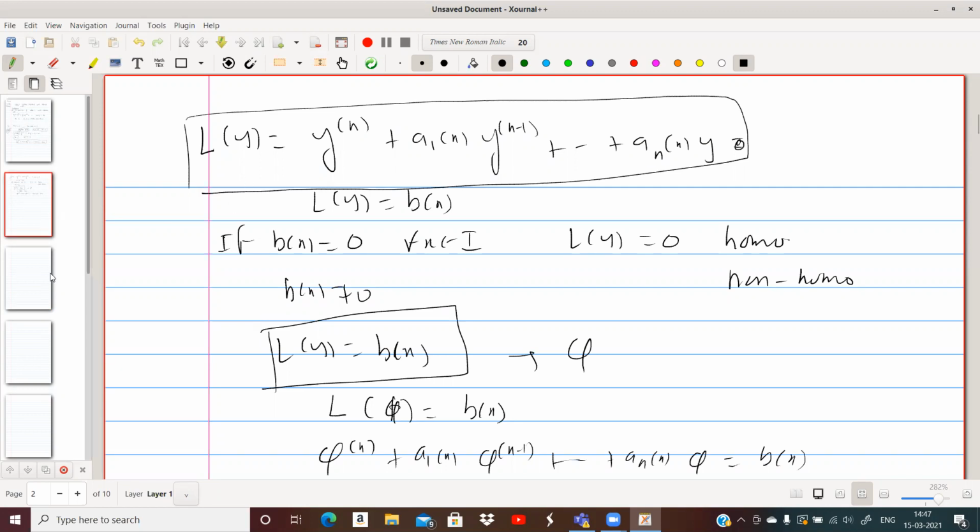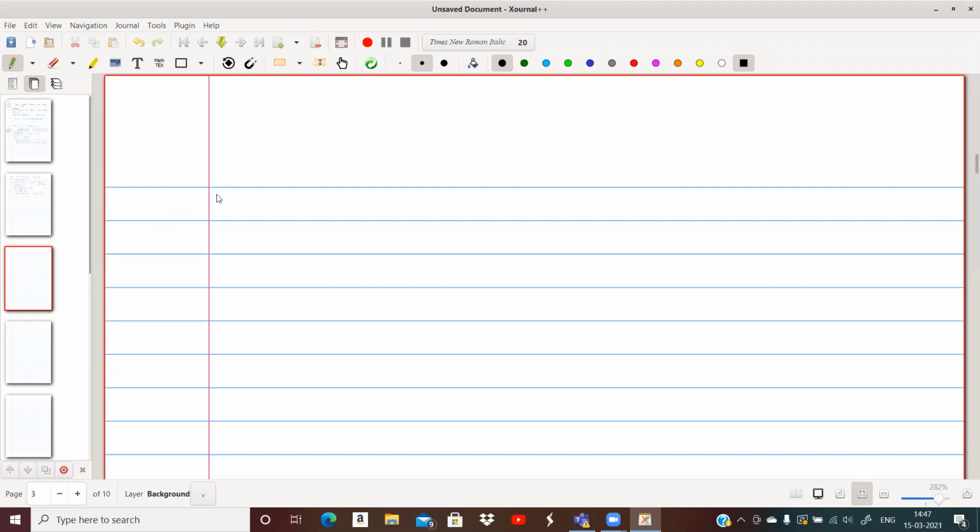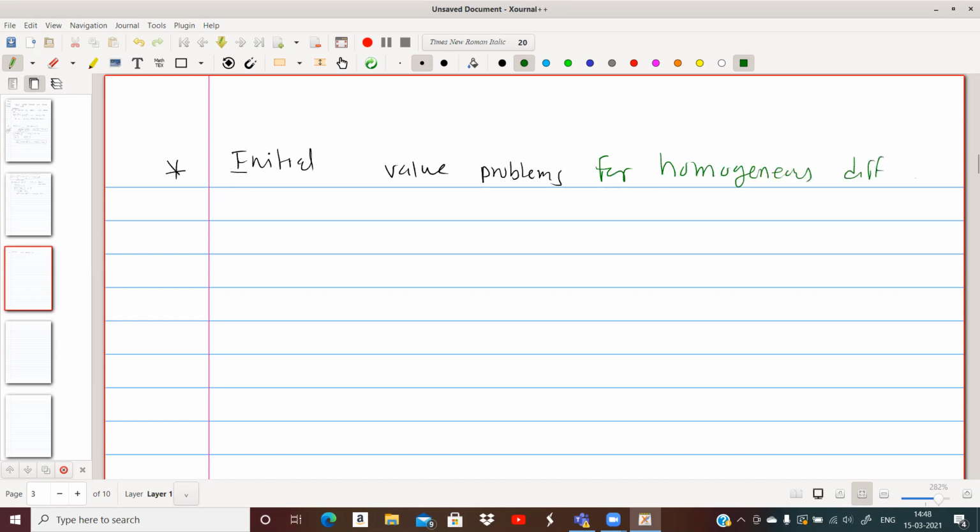Now, likewise, you can define the initial value problem for homogeneous equations.